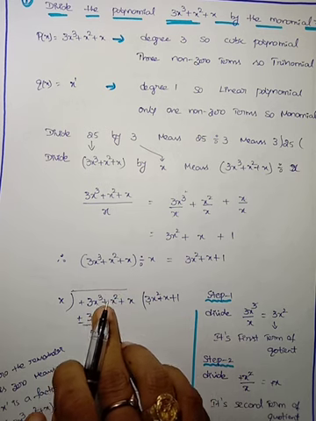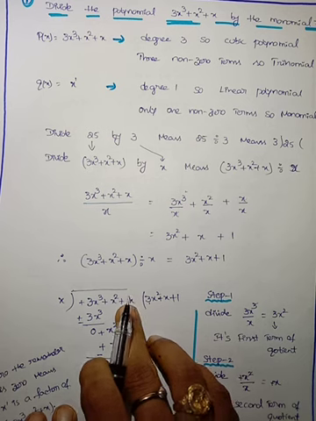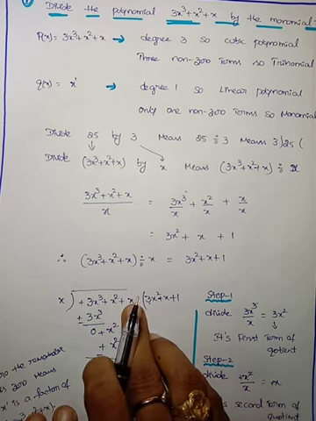So 3x cube plus x square plus x is in decreasing order.